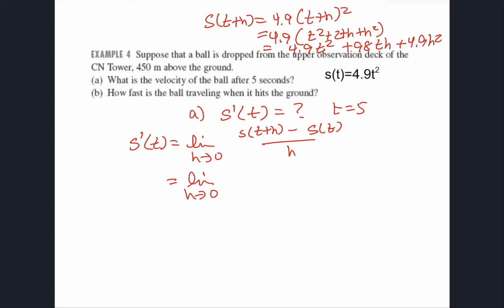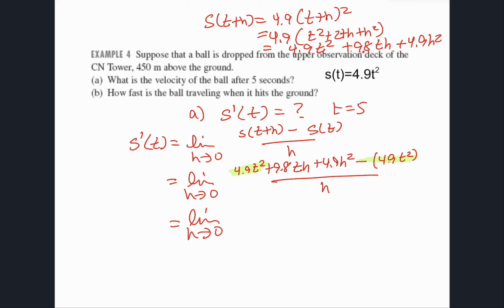So that's going to go in the s of t plus h spot: 4.9 t squared plus 9.8 th plus 4.9 h squared. And then we're going to subtract the function with just a t sitting there, so minus 4.9 t squared. Now you'll notice we are subtracting a 4.9 t squared, and we have a 4.9 t squared. Everything else has an h in it. So it's just 9.8 th plus 4.9 h squared divided by h.